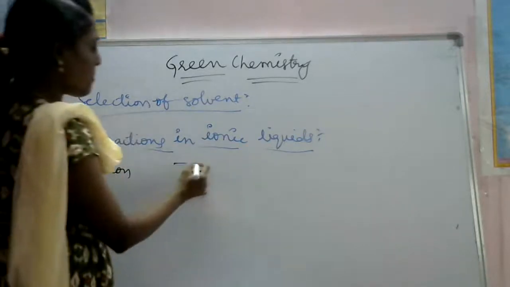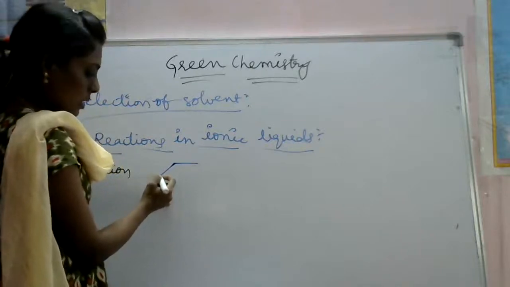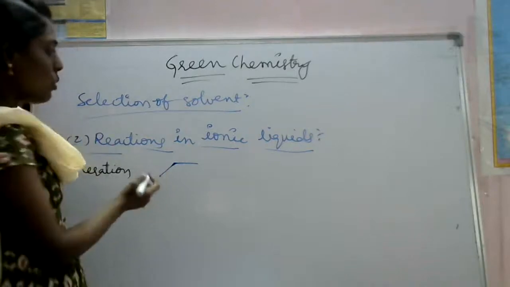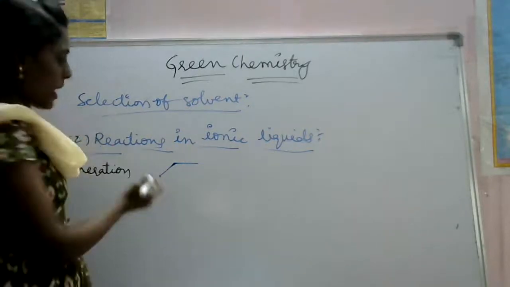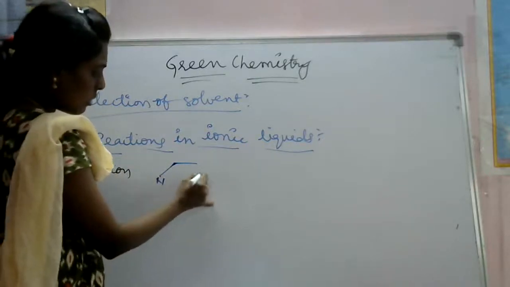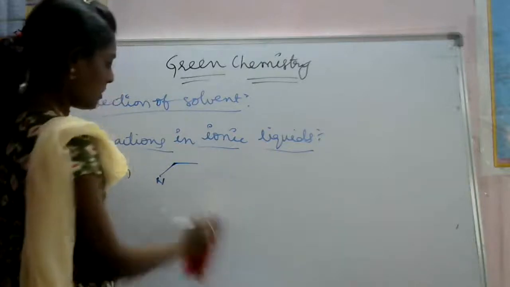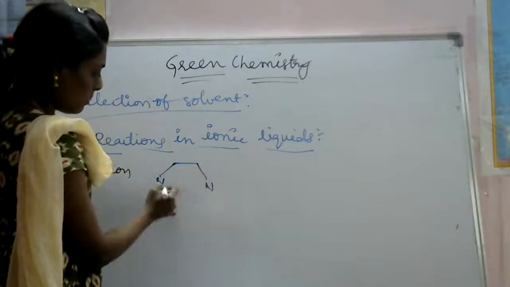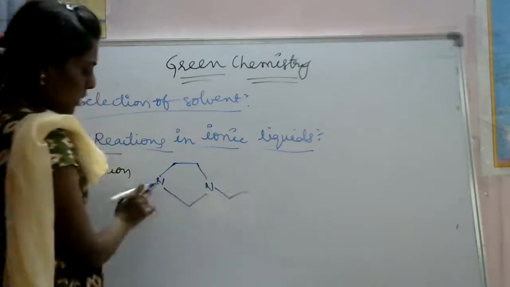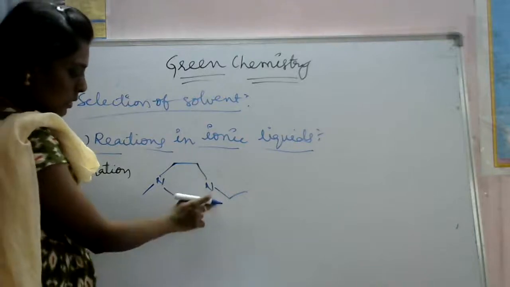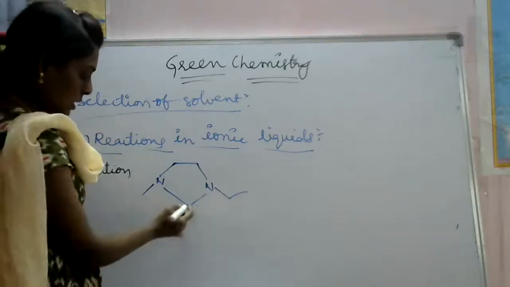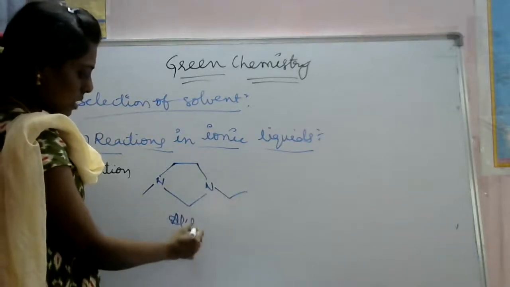What is imidazolium? The imidazole group has two nitrogen atoms, nitrogen here and nitrogen here. An N-methyl group is there, and the AlCl4 minus ion.